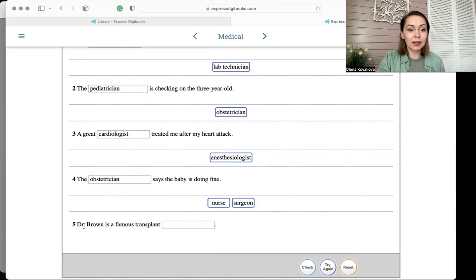And the last one, Dr. Brown is a famous transplant blank. And we know that we are talking about a transplantation, that should be a doctor with surgery skills. So that's, of course, surgeon, because nurses do not have the responsibilities to do surgeries, right?